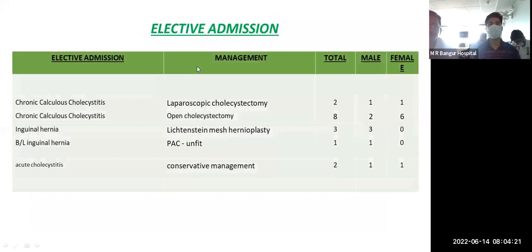Now coming to the elective admission, two chronic calculus cholecystitis were admitted, in which one was male and one was female, for which laparoscopic cholecystectomy was done. 8 chronic calculus cholecystitis admitted, for which open cholecystectomy was done, and 3 inguinal hernia admitted, for which Lichtenstein mesh hernioplasty was done. 1 bilateral inguinal hernia was admitted, but the patient was not fit for surgery, so OT cancelled. 2 acute cholecystitis admitted for which conservative management was done.